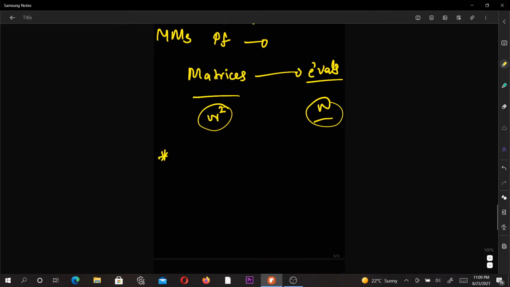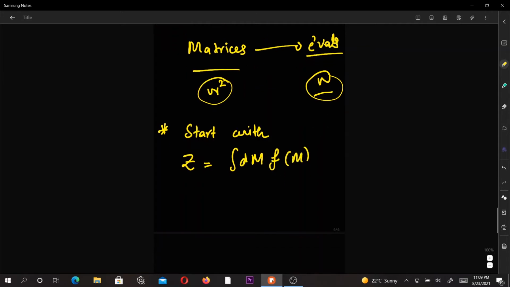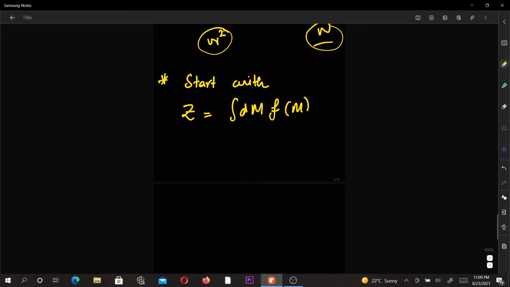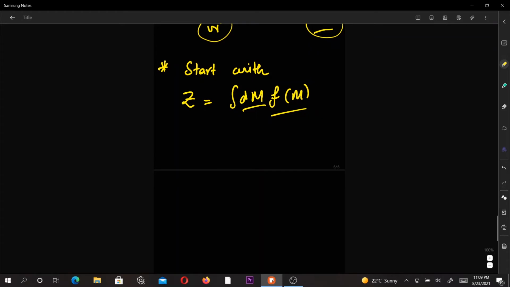So you start with the matrix model partition function, with the measure and your function. It can be anything, like trace of M squared, a Gaussian, or whatever we want.